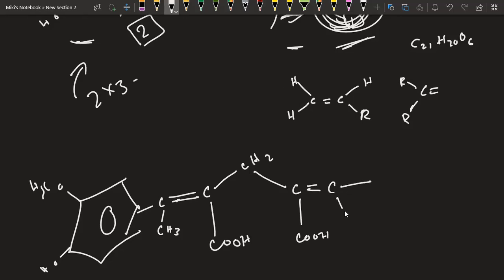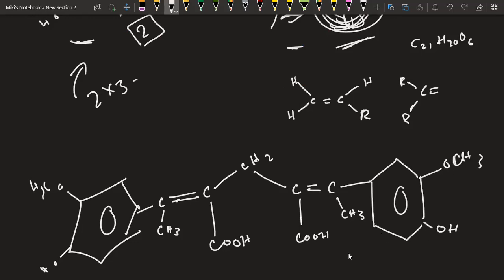So we have CH3, and we have the exact same molecule as a mirror image, CH3 OH. Now see, here we don't have any ketone group. That means this molecule is unable to react with our 2,4-DNPH.